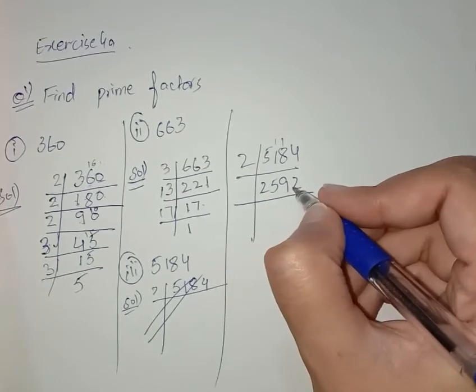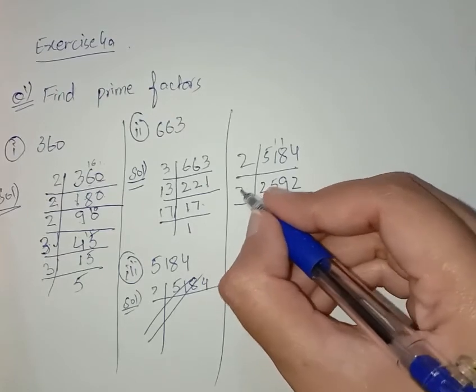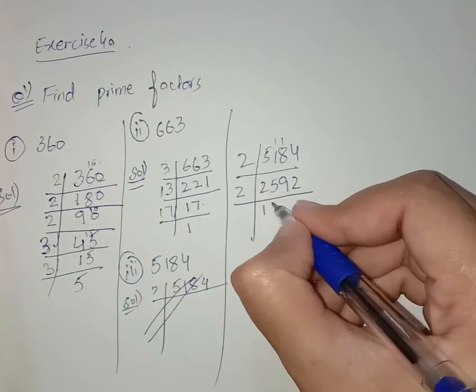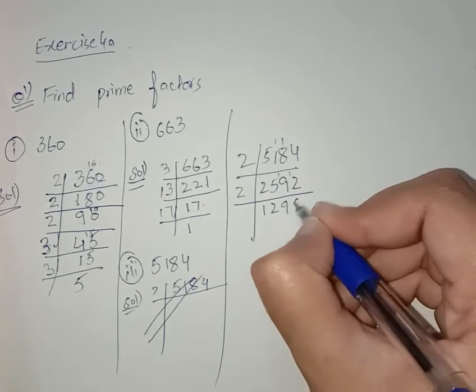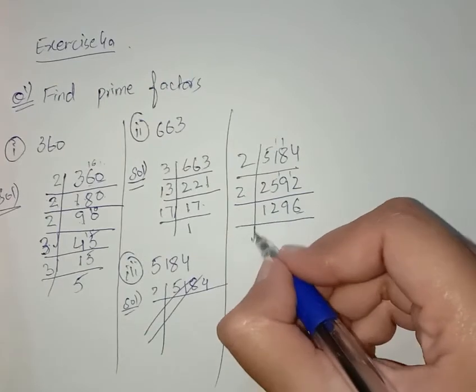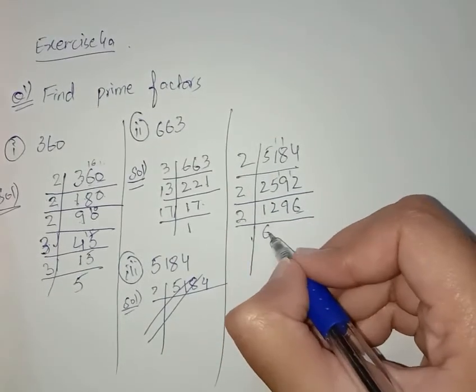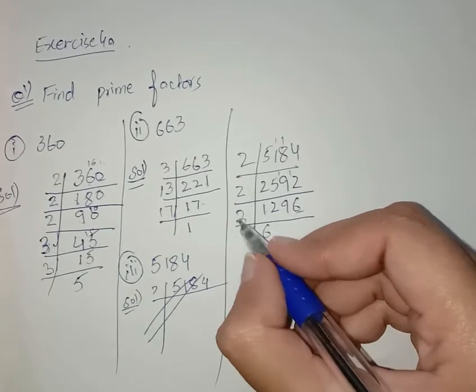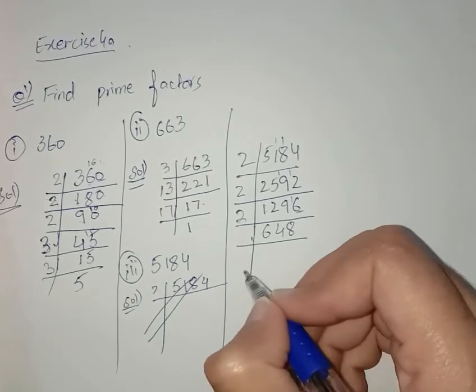Now the last digit is 2, which is a prime number, so we have to take a prime number. 2 1s are 2, 2 2s are 4, 1 carry, 2 9s are 18, 1 is carry, 2 6s are 12. The last digit is a prime number, so we can also take a table of a prime number. 2 6s are 12, 2 4s are 8, 1 is on carry, 2 8s are 16.